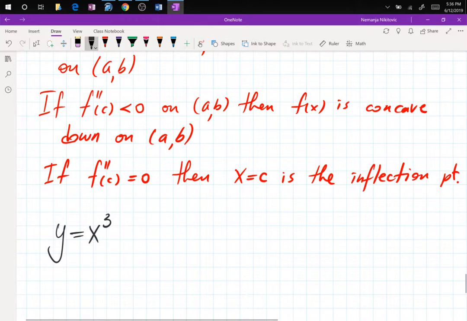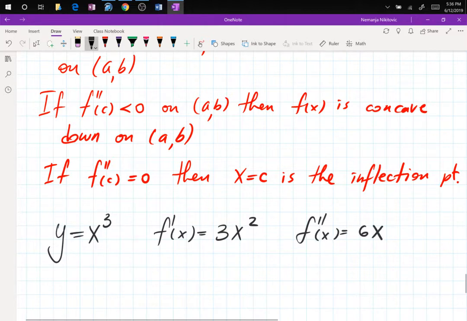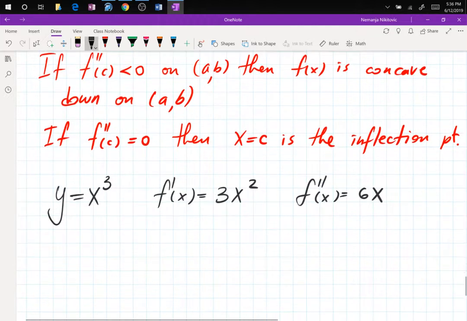To do the second derivative test, we need the second derivative. Your inflection points are calculated in the second derivative. So we find f prime of x, which is 3x squared, and then we find f double prime of x, which is 6x. And that's the one we are interested in.